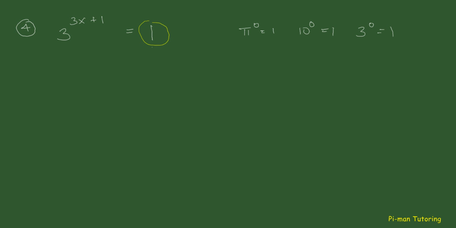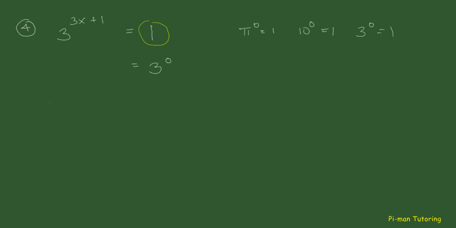So that basically means that we are free to write the right-hand side as anything we like to the power of 0. And obviously here we're trying to match bases, so we would like 3 to be our base. So we can write this as 3 to the power of 0.